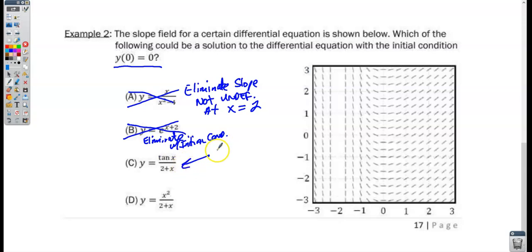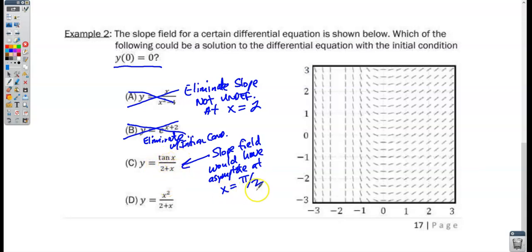This would say that the slope field should have an asymptote, or undefined slope at x equals pi over 2, since that is where the value of the tangent of x is undefined.